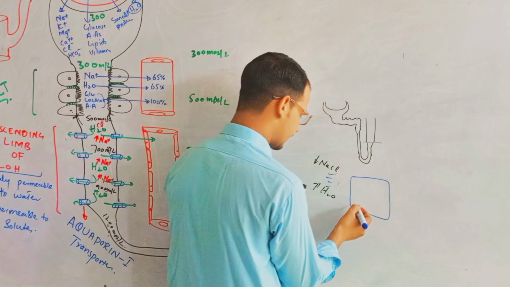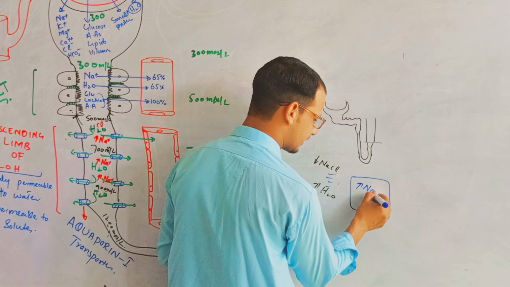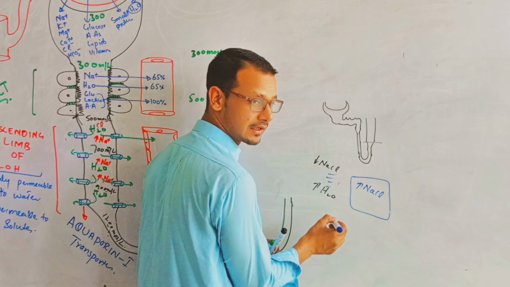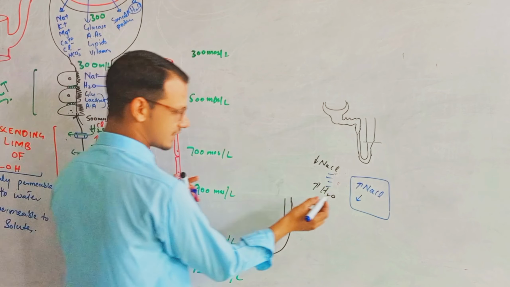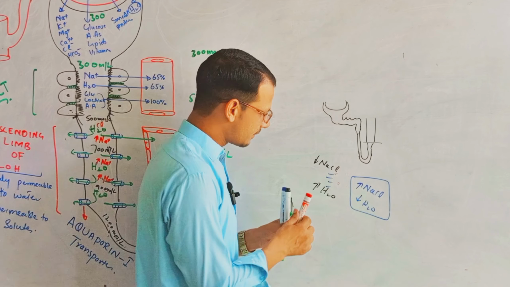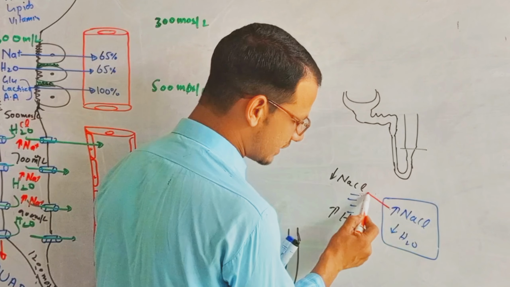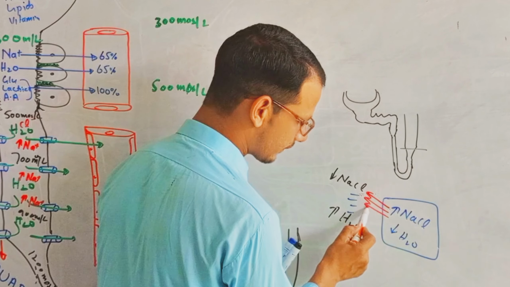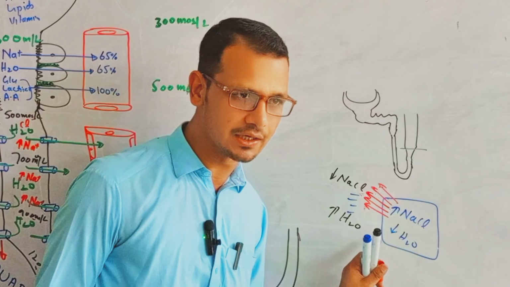Here for example, due to increasing osmolality, the concentration of NaCl is increasing and water is leaving this lumen, so the concentration of water is decreasing. It means that it forms the concentration gradient in these two compartments, and this sodium can easily leave this cell and come into the interstitial fluids.